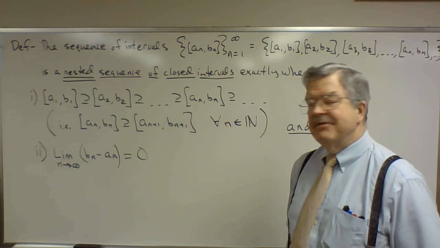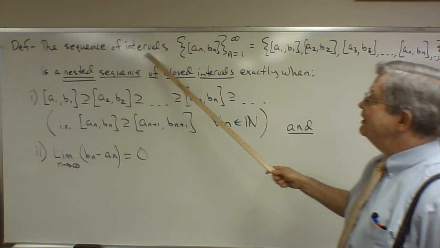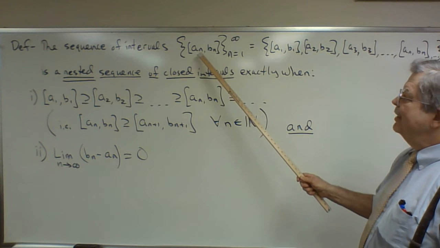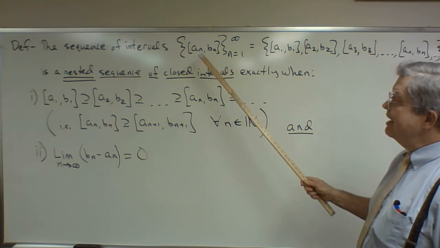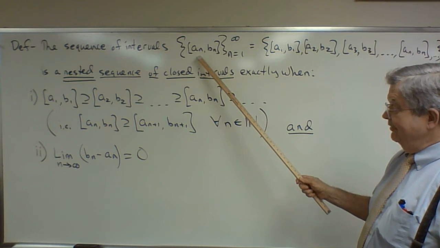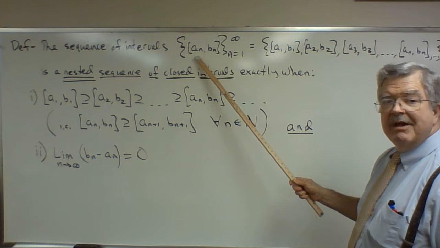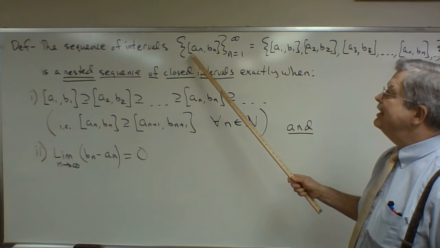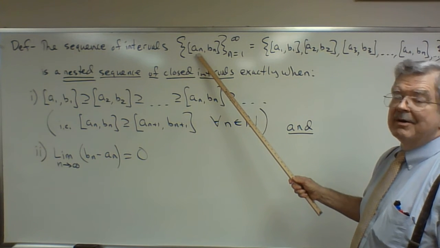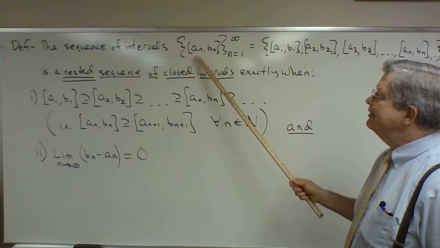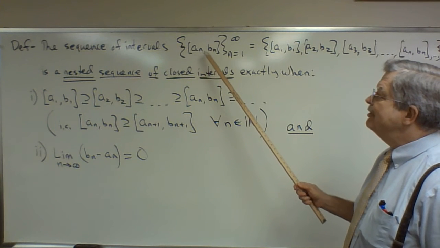So here's our definition. The sequence of intervals with left endpoint a sub n and right endpoint b sub n. And notice this is a closed interval. We don't have the round parentheses containing a sub n, b sub n, but we have the square brackets containing a sub n, b sub n.